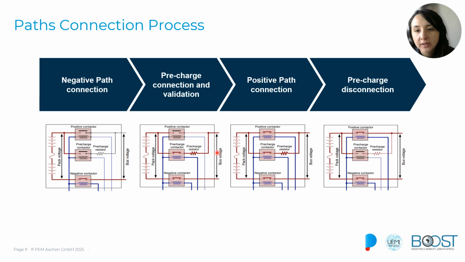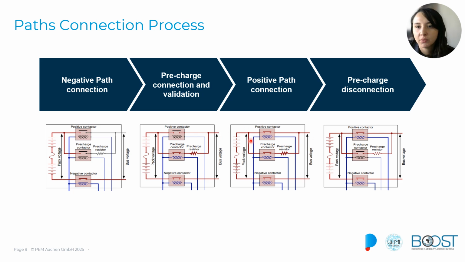This resistor will limit the current, and as mentioned, it will allow the capacitor to charge gradually. Here we will be monitoring the voltage to be sure that it keeps increasing until the voltage in the battery pack equalizes the voltage in the load, or in this capacitive load.